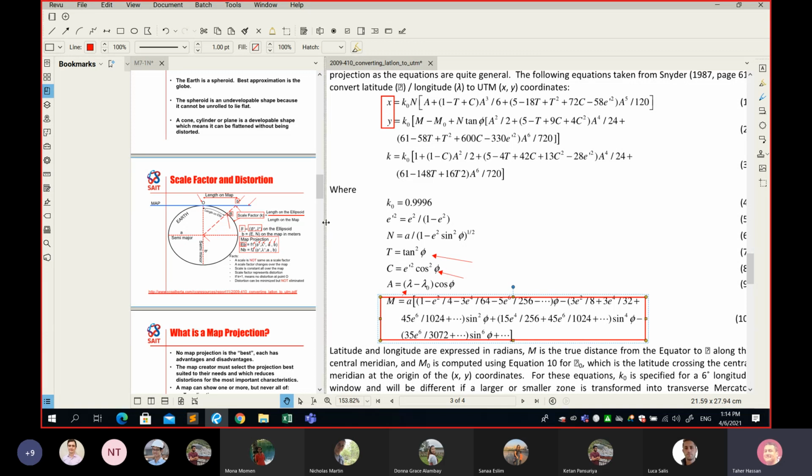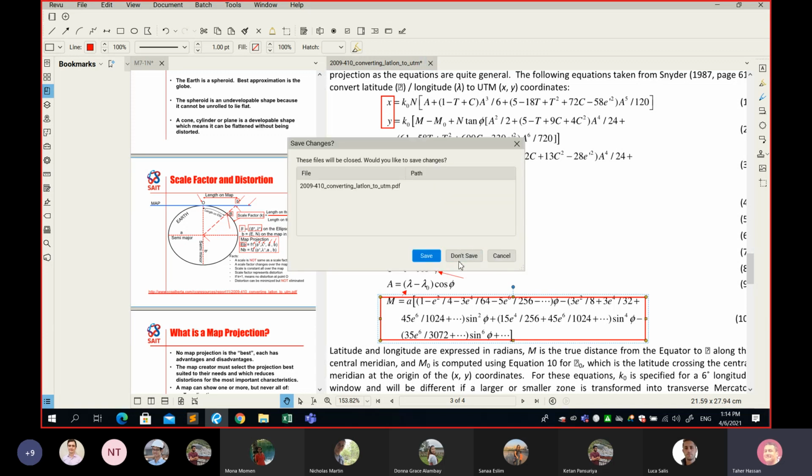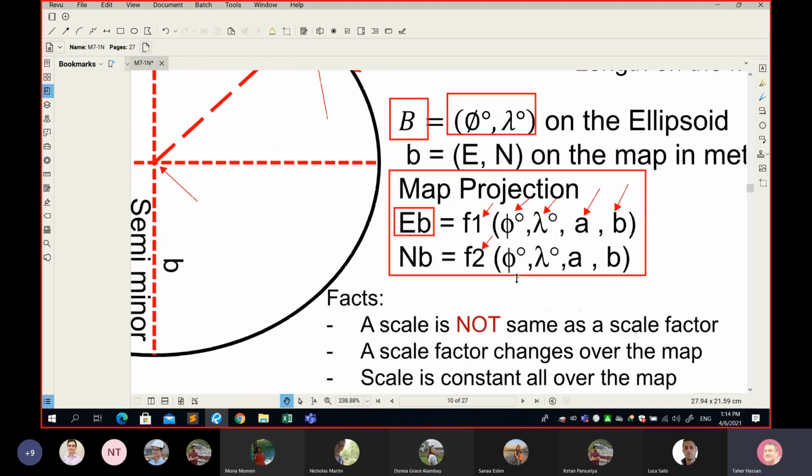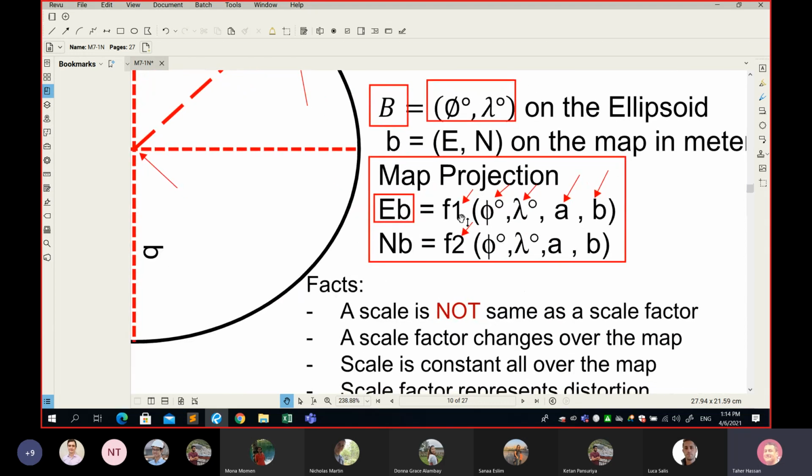But again, Tahir, do we have to understand that? Do we have to do that? The answer is no. Good news, huh? Because ArcGIS stores and programs all those functions, and simply it can do that for you. What you really have to know is the concept of map projection, but you don't have to understand how F1 and F2 look.